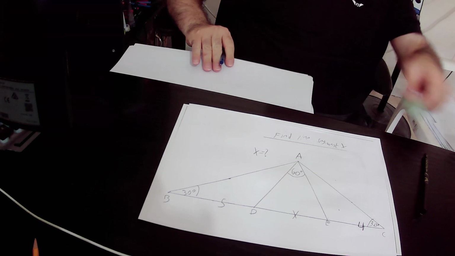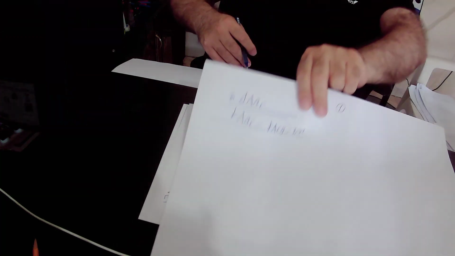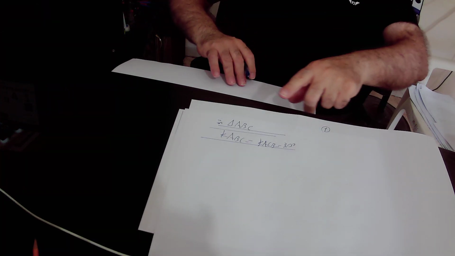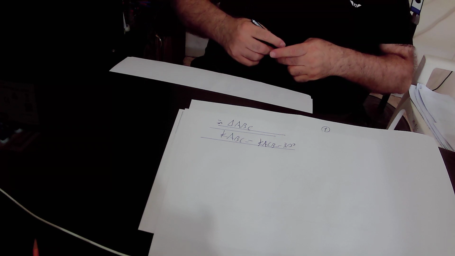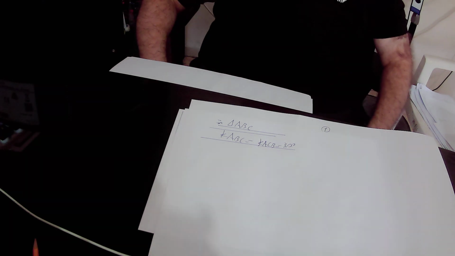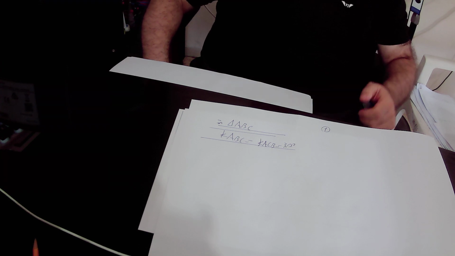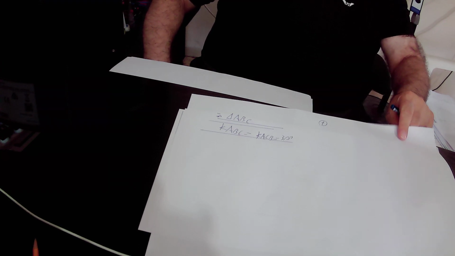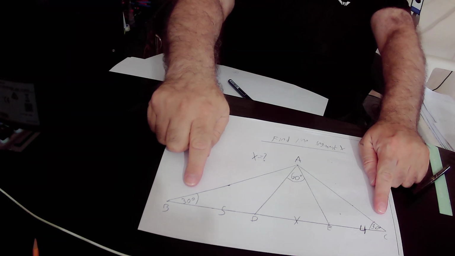Okay, I'll repeat again. In triangle ABC, angle ABC equals angle ACB. So those two angles are equal to each other, and according to the rule that in front of equal angles in a triangle there are equal sides, we get that in front of those two equal angles in triangle ABC there are equal sides.